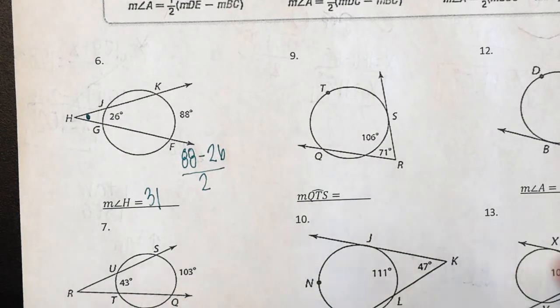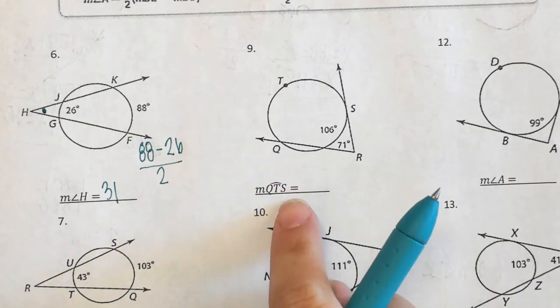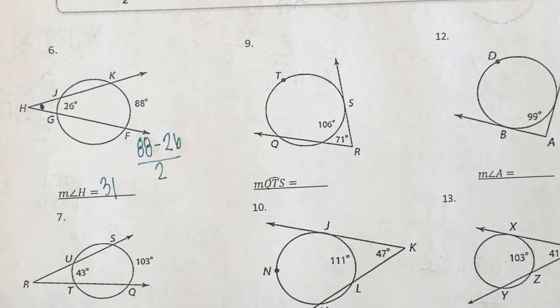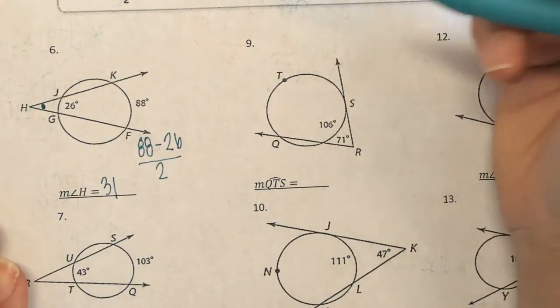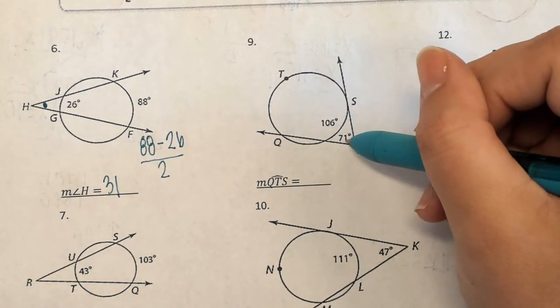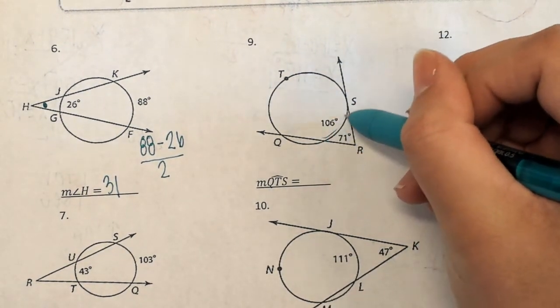Okay, on number 9, we're not solving for an angle, we're solving for big arc QTS. So, you have 2 of the 3 pieces. You have the angle and you have this arc.